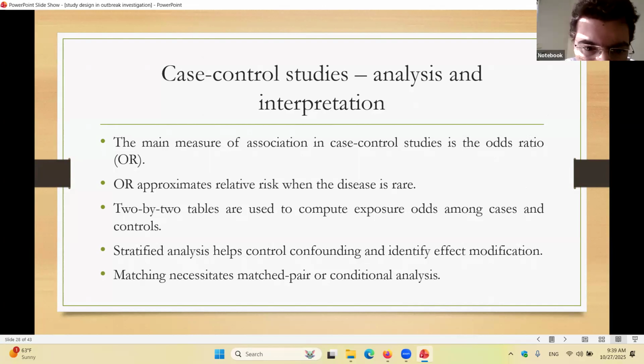2x2 contingency tables are used to compute exposure odds among cases and controls. You compute exposure odds among cases and divide it per the odds among controls, and you reach an odds ratio.